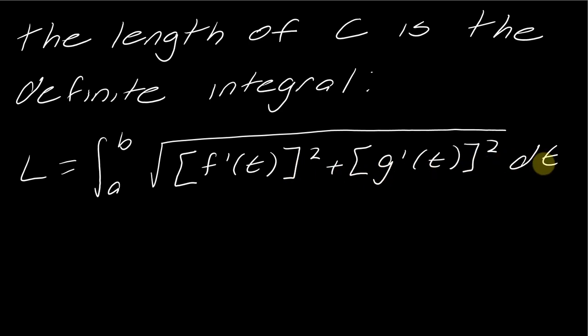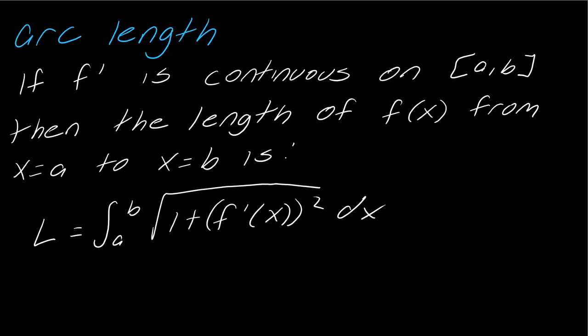Okay, so this is similar to the arc length formula that is typically shown when you first learn about areas and things like that. So I want to review an old arc length formula that we've talked about in my class.